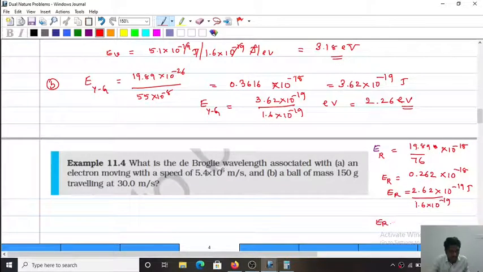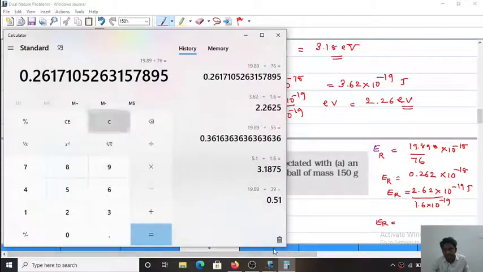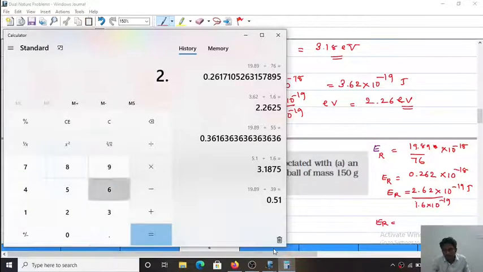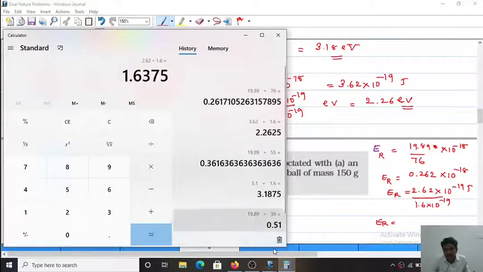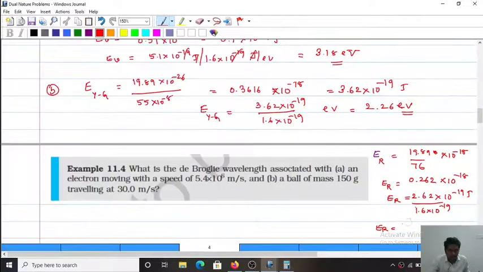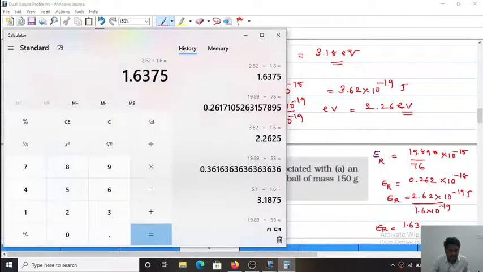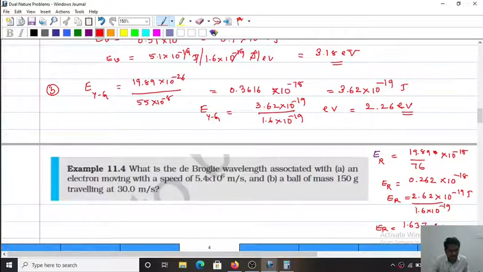Therefore E_R is equal to, now we will calculate 2.62 by 1.6. 2.62 by 1.6 equals, what is the value? 1.637 electron volts.